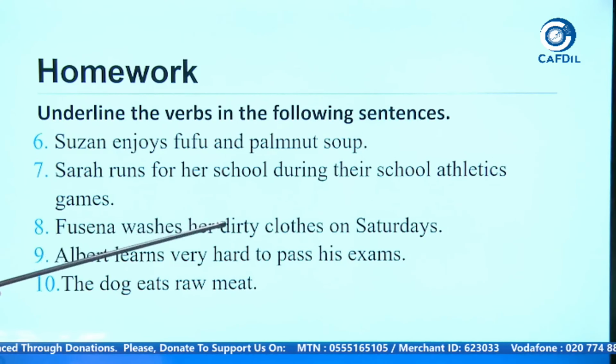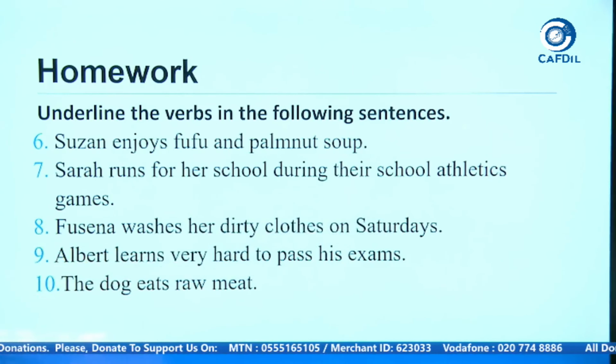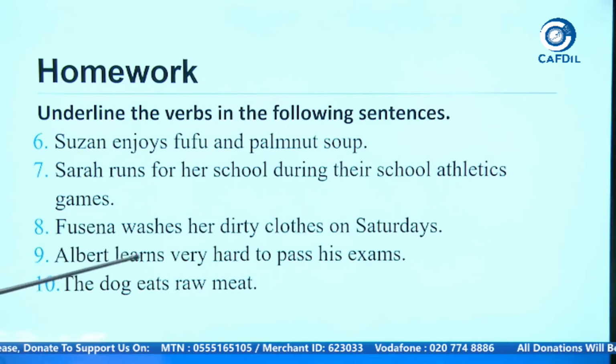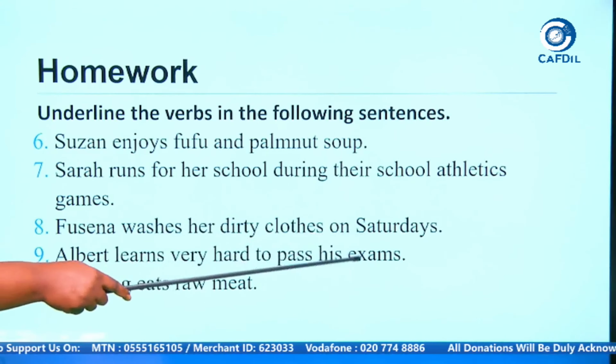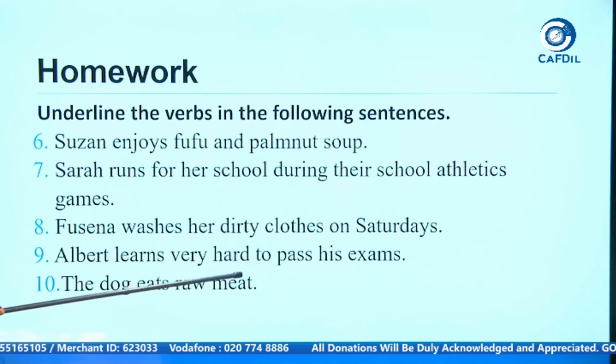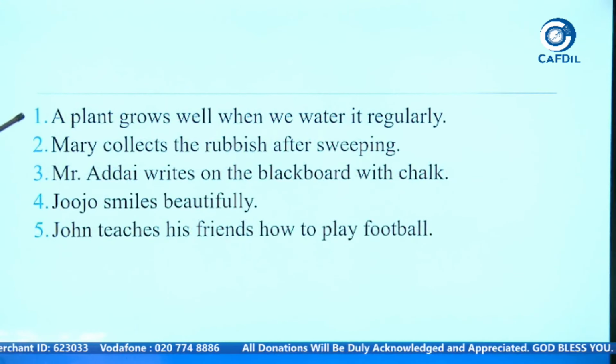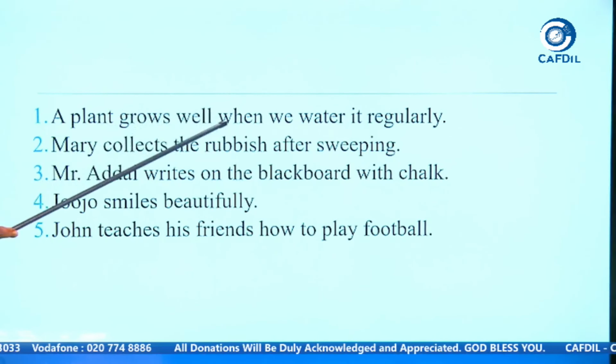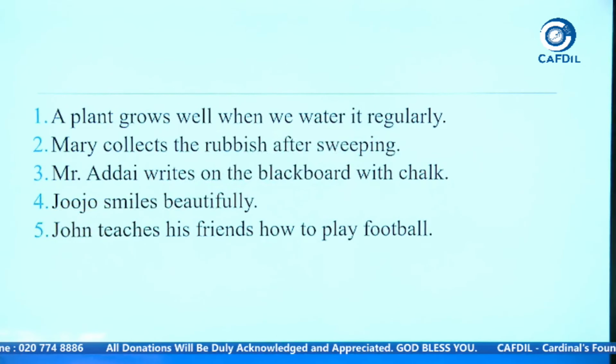Fusena washes her dirty clothes on Saturdays. Albert learns very hard to pass his exams. The dog eats raw meat. A plant grows well when we water it regularly.